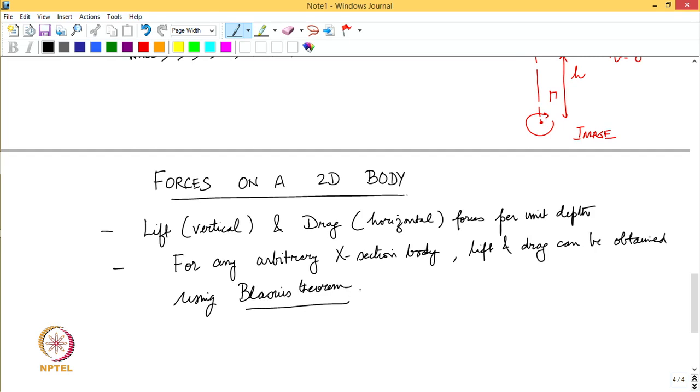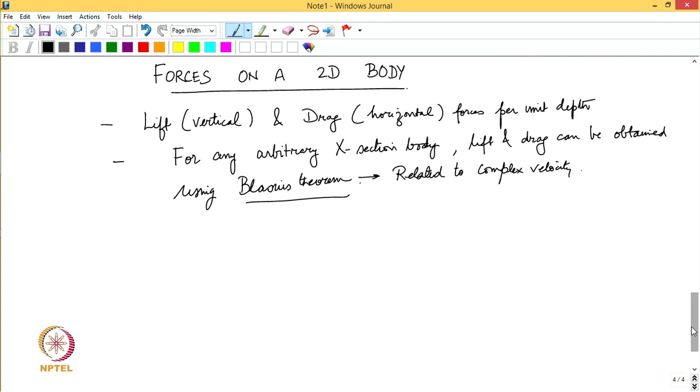And to give you some idea, this Blasius theorem is a theorem by which the force is related to the velocity distribution. Okay. So the force is related to, in our case, as I will show you, the complex velocity on the surface of the solid. So how do we determine this force, and then eventually we will get to what the Blasius theorem is.